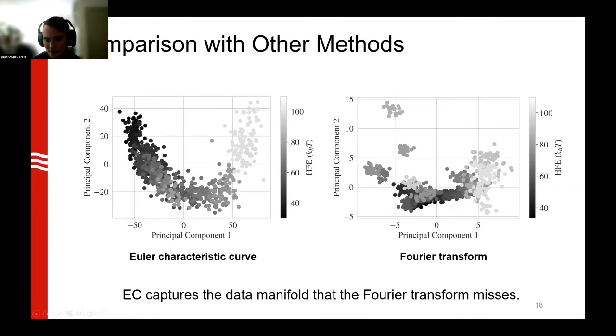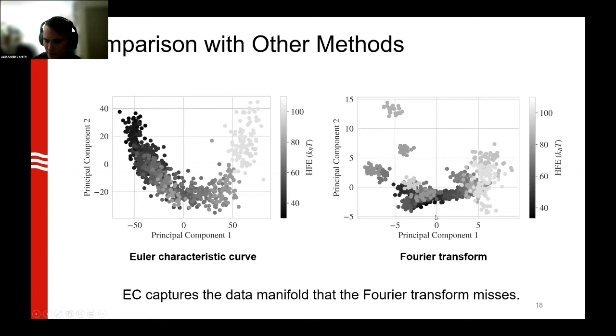And what we're seeing on the left is that the Euler characteristic curve is really able to capture this data manifold. So if we look here on the very left, we start at low hydration free energies. Then as we follow this curve, we get higher and higher hydration free energies.